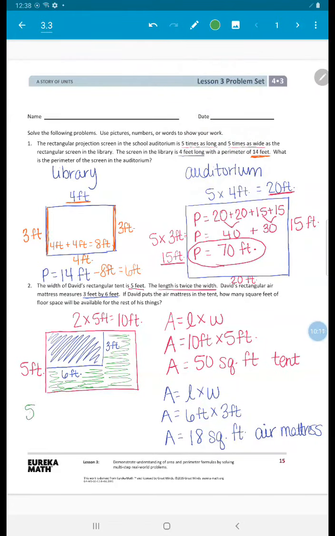So if the total amount of space is 50 square feet, and I take away 18 square feet that's taken up by the air mattress, that leaves me with 32 square feet. So there will be 32 square feet of floor space for the rest of David's things.